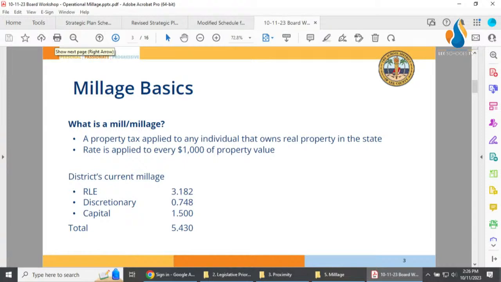Again, that is listed and allowed by the FEFP program, and we levy that. And then capital millage, so 1.5 mils that is levied specifically for the capital needs of the district. So currently the total millage that the school district levies is 5.43, or $5.43 for every $1,000 of real property value.